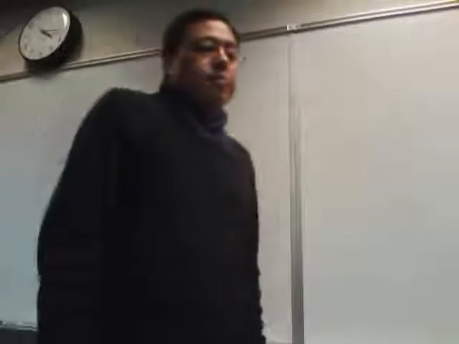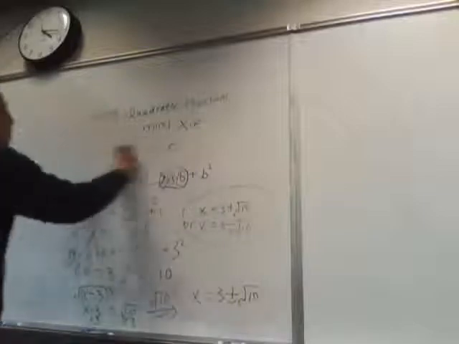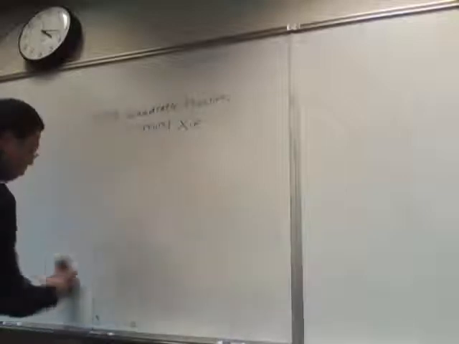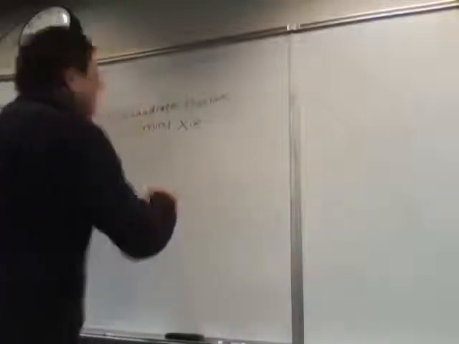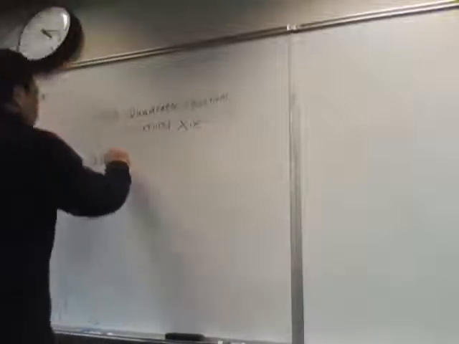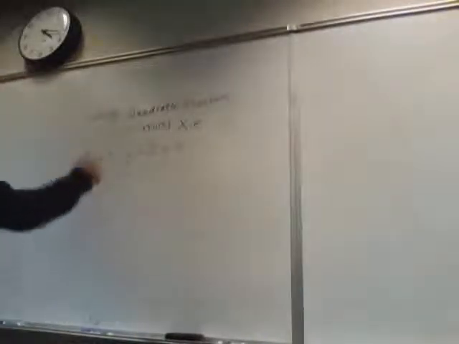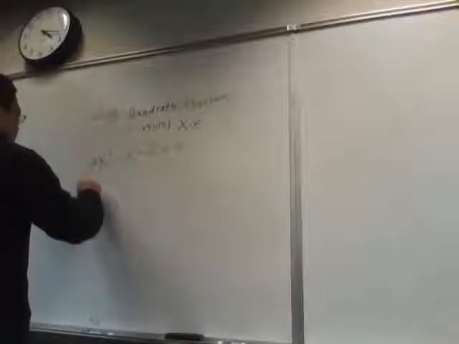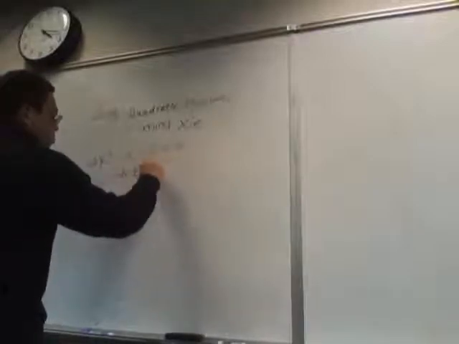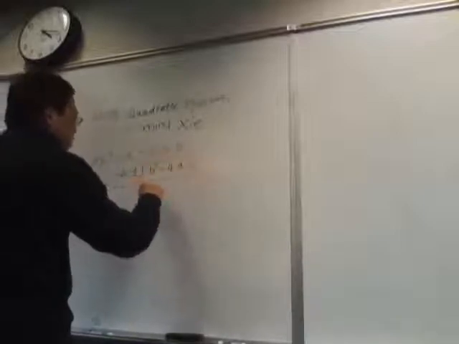There's a formula here. Let me give you an example: 2x squared minus x minus 5 equals 0. We know a lot of formulas, so x equals minus b plus or minus the square root of b squared minus 4 times a times c, whole thing divided by 2a.